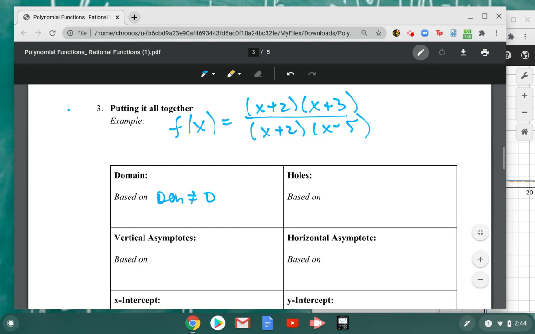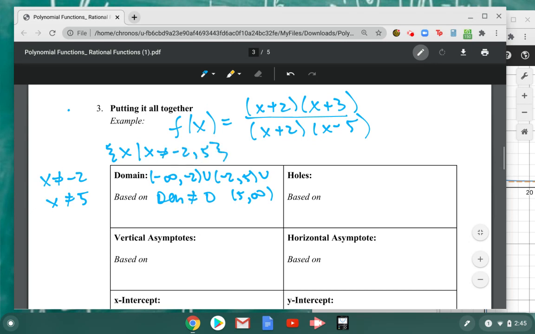My domain here, so this would be x plus 2, so x can't be negative 2, and x cannot be 5. Negative 2 comes first, so as an interval, negative infinity to negative 2, skip over that, negative 2 to 5, skip over 5, 5 to infinity. Phew. Could also do that in set builder notation. All the x such that x is not negative 2 or 5.